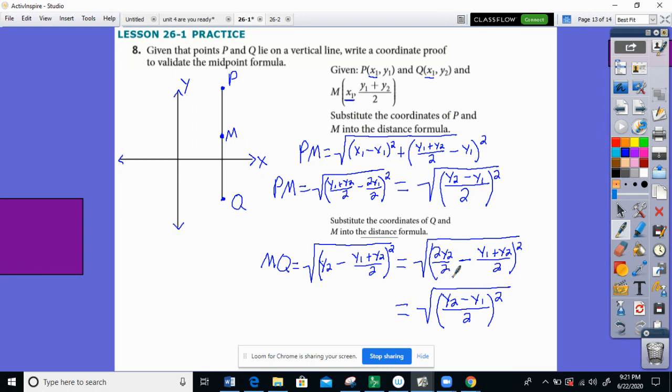So what we've shown so far is that the length of segment MQ is equal to the length of segment PM. So that's half of it, but now we want to show that the length of segment PN is half the length of segment PQ.